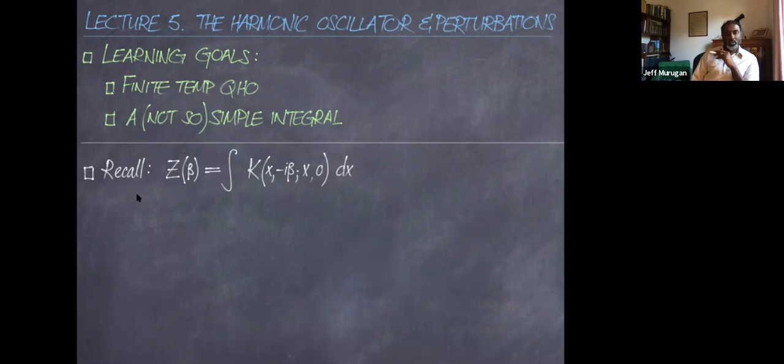In other words, imaginary time minus beta, and then integrated over all states x.